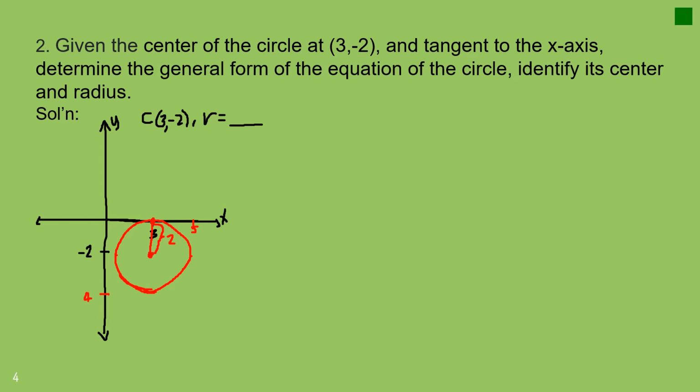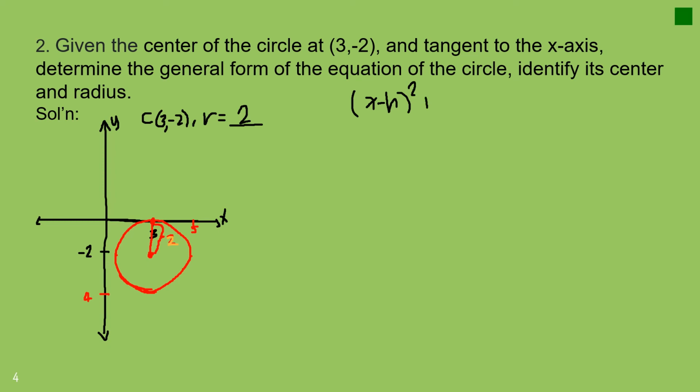Therefore, our radius again is equal to 2. The radius is 2. So, let me indicate it here. Our radius is 2. So, to write the equation in general form, we need to write first into standard form, and then we just need to simplify it further so we can come up with the general form of the equation of the circle. And so, let's start by substituting these values to the standard form of the equation of the circle.